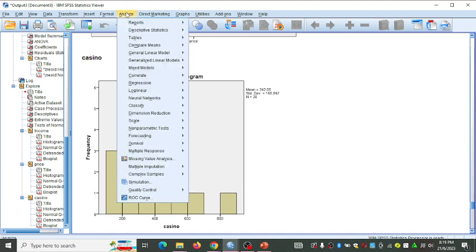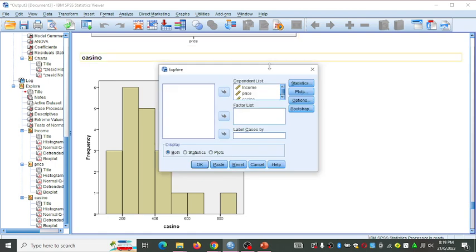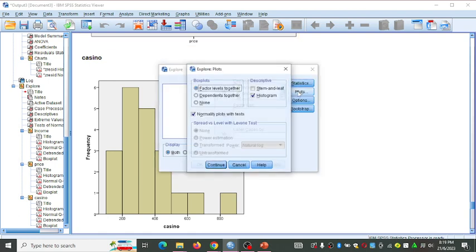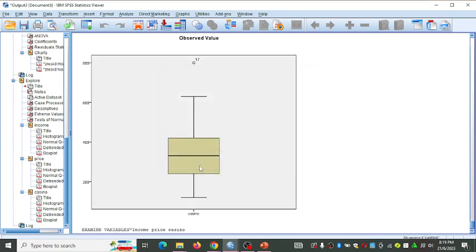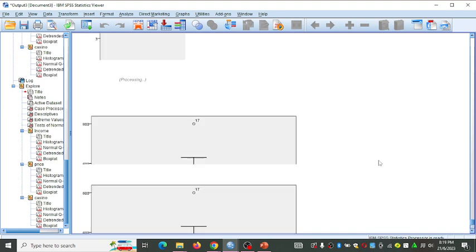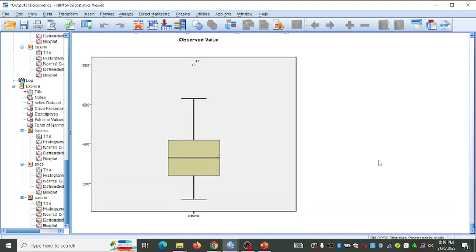These graphs we got here by the way. You go to Descriptives, Explore, then to Plots. You just mark histogram and mark normality plots with tests. When you click Continue and click OK, all those things will come out by default. Sawa. The graphs have come out.